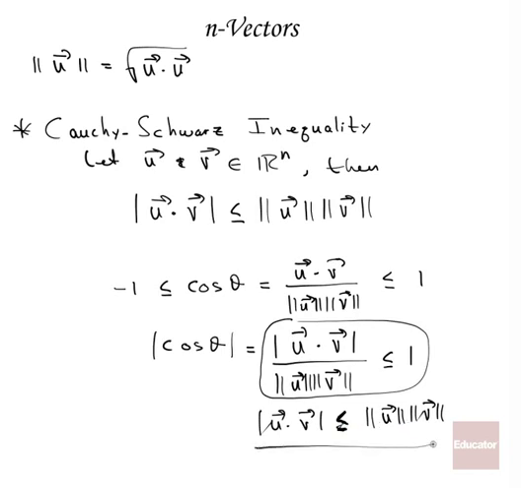This is the Cauchy-Schwarz inequality, and this always holds. Again, this is just an informal justification to let you know that this makes sense based on what you know about cosine theta. We actually do it the other way around. Okay, let's move forward.